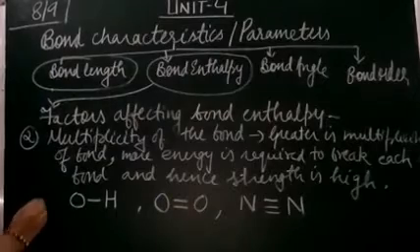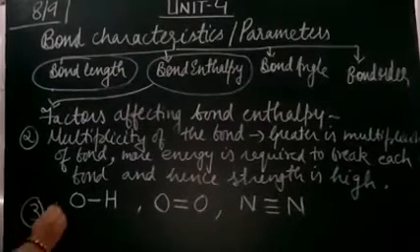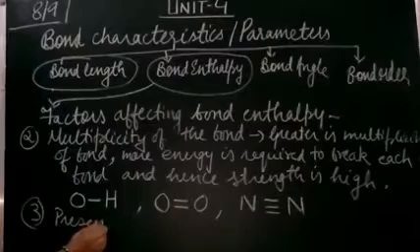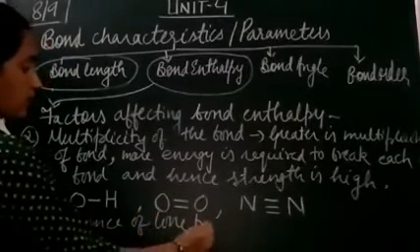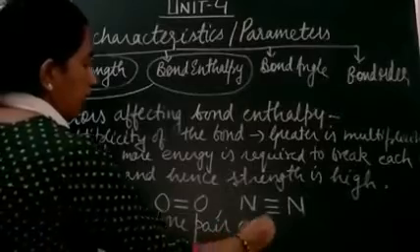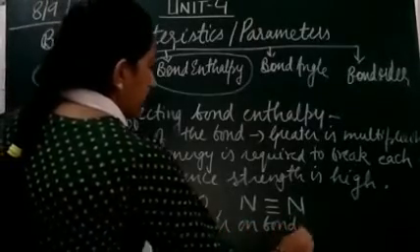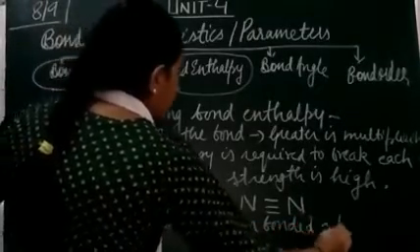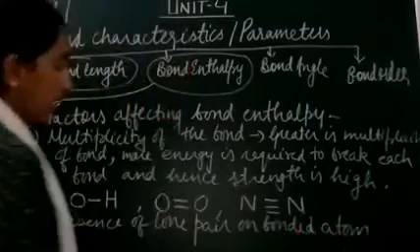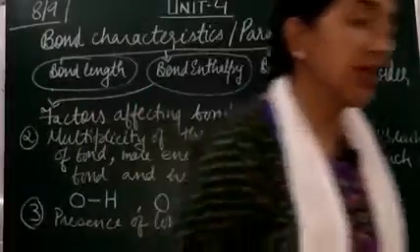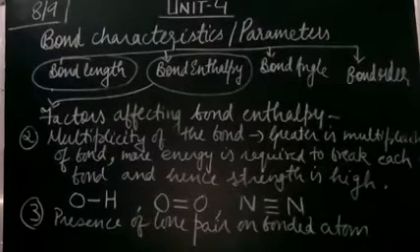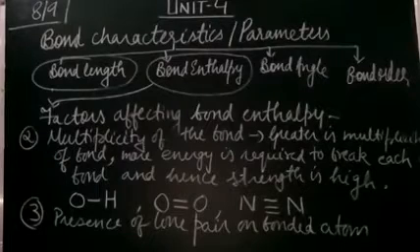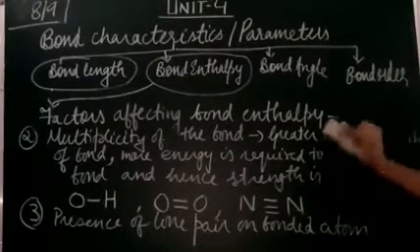And students, the third factor is the presence of lone pair on bonded atoms. Here, the lone pairs of both the atoms will be involved. When we discuss the strength of the bond, the presence of lone pair on the bonded atom, so what does it mean?